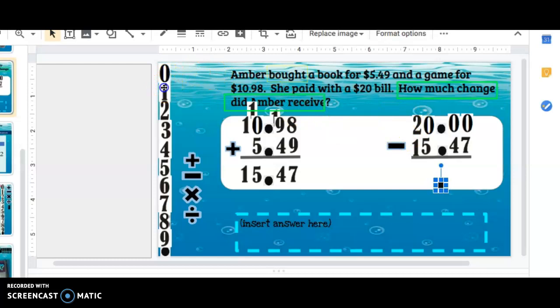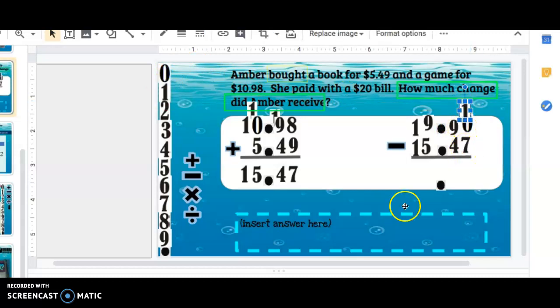This 2 is now going to become a 1. Okay, so I'm going to put a 1 in the 2 spot. And then that 0 now becomes a 9, because it was a 10, but remember, you're taking away from it to make that 0 in the hundredths spot a 10.